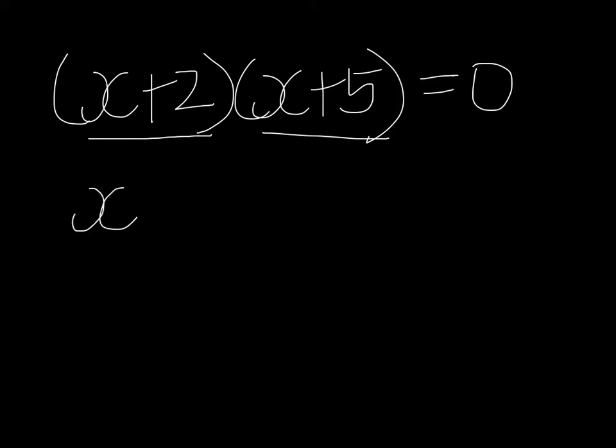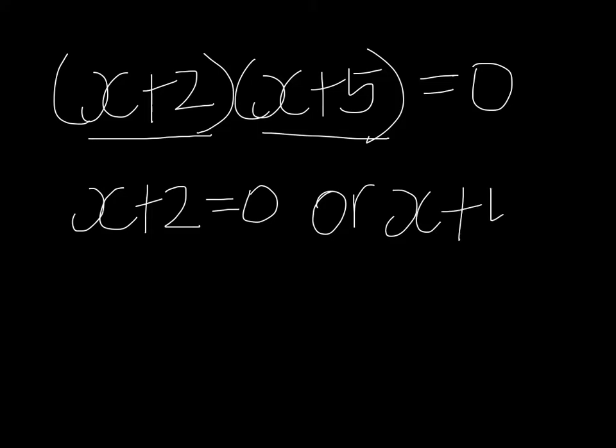So we can say either x plus 2 is 0 or x plus 5 is 0. They may both be 0, but at least one of them must be 0 in order to make this equation true.